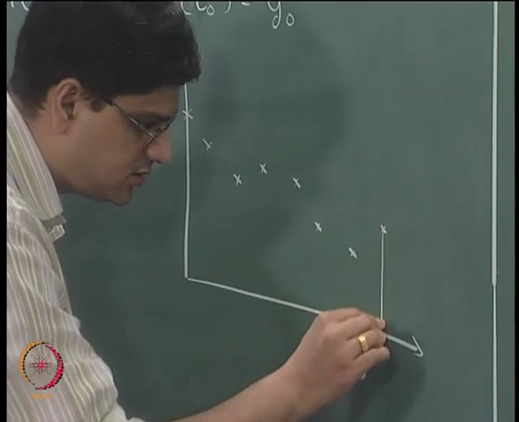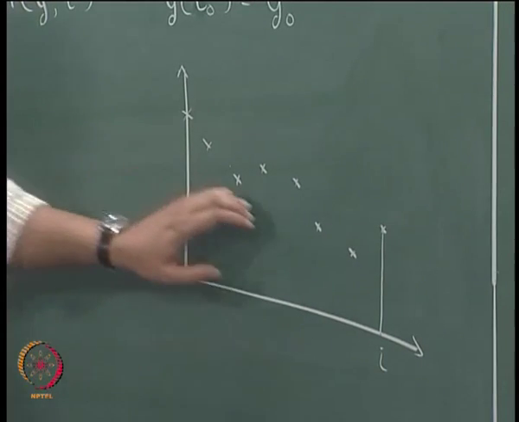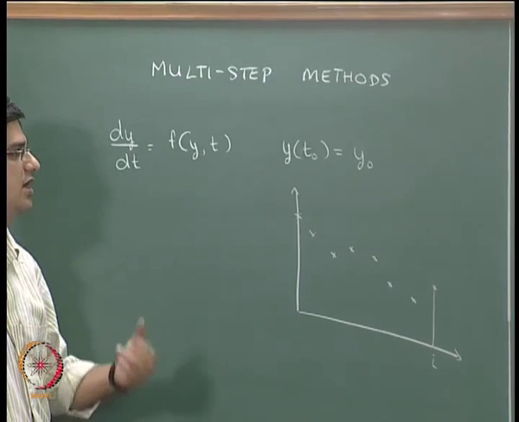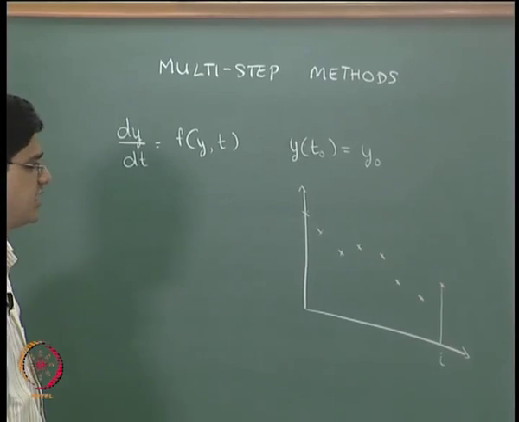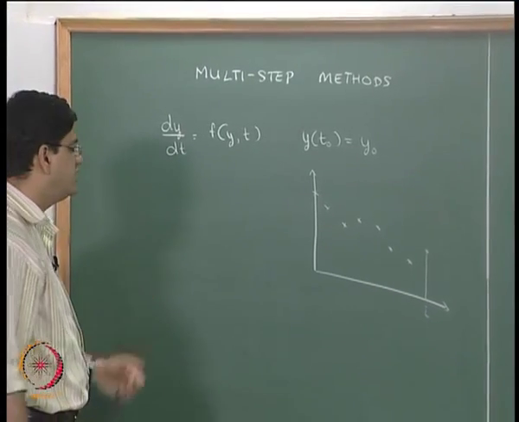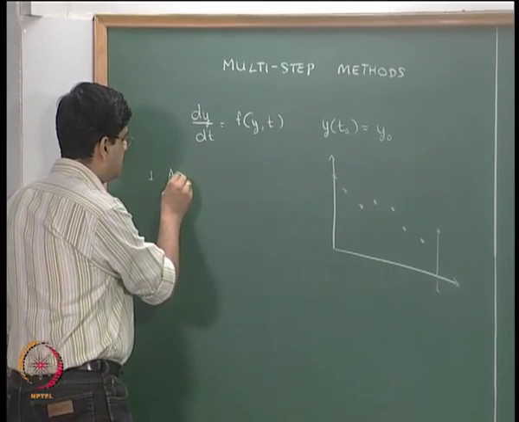We can use the data at these various past values in various different ways, and the two main families of methods that use this data are the Adams family of methods and the BDF, or backward difference formula, based methods.